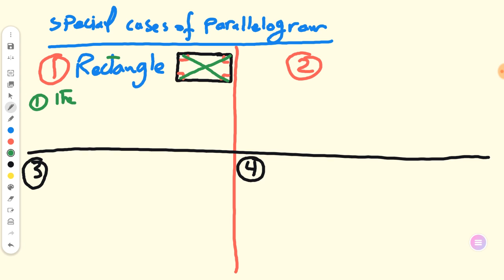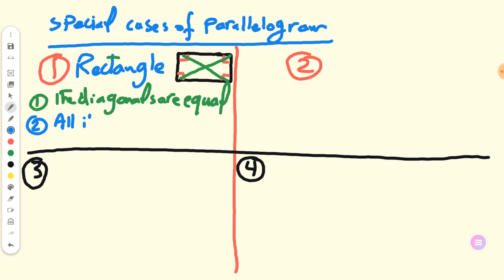The 2 diagonals are equal in length. Second, all its angles are right angles, which equal 90 degrees. This is the property of the rectangle.